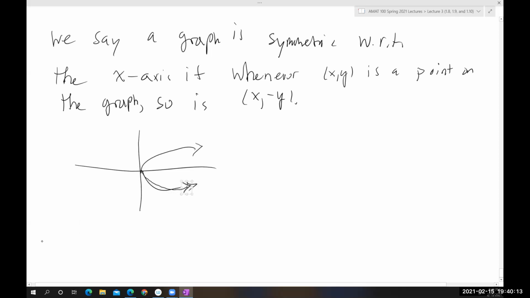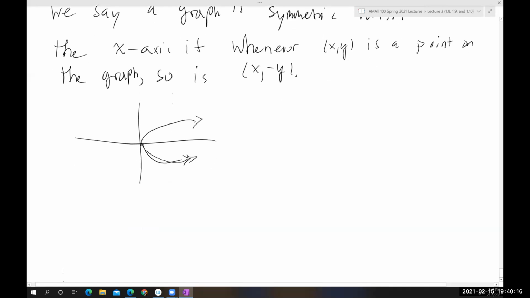And then we have finally symmetry about the origin.